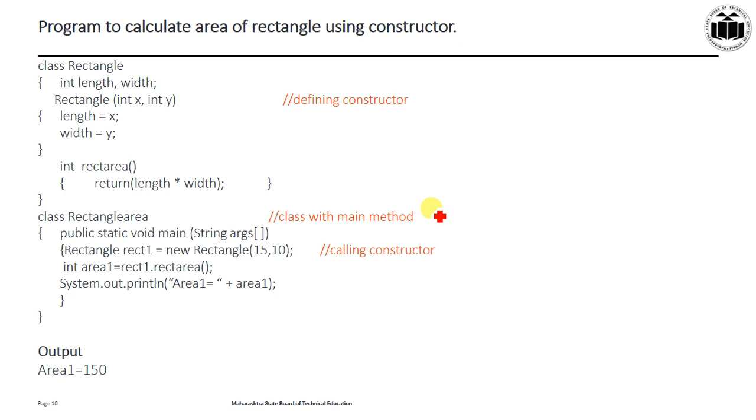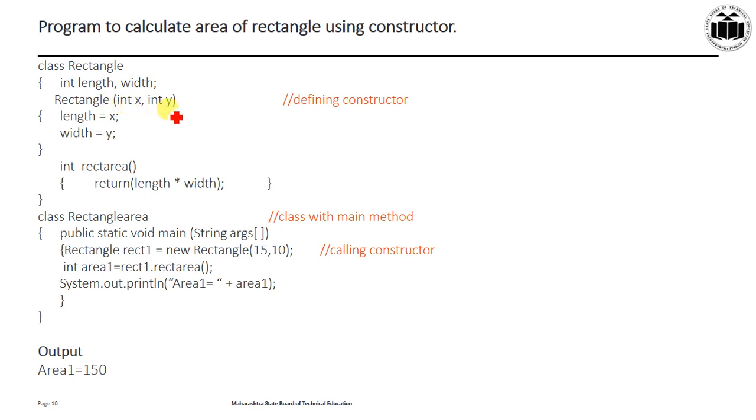Now we will see one program to calculate the area of a rectangle using a constructor. Here we have created one class, that is rectangle. We have declared two variables, length and width. Now we define the constructor. The name of the constructor is the same as the name of the class, so our constructor name is also rectangle.